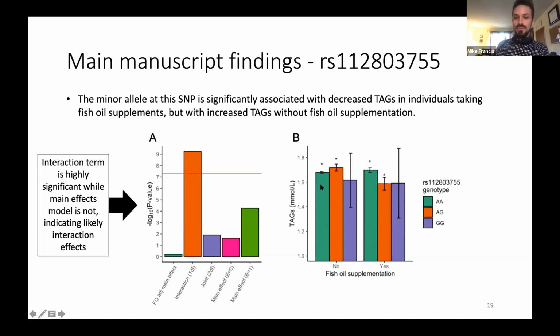For those who don't take fish oil, their triglycerides go up on average when you get the heterozygote, but for the heterozygote who do take fish oil, it's actually a decrease in triglycerides, right? It's a little hard to explain in the limited amount of time, but I hope you're getting the main picture that basically there's a divergence of groups depending on whether they took fish oil supplementation.